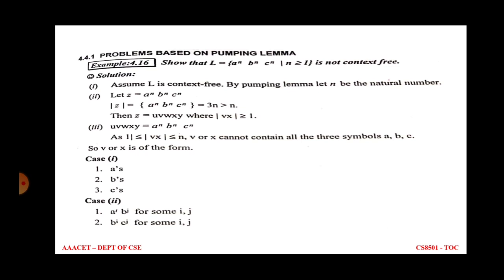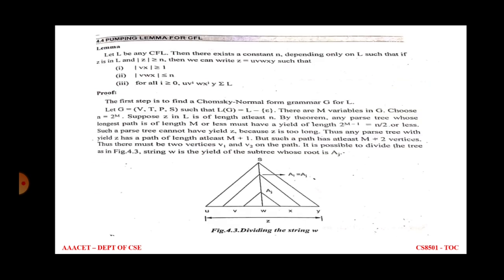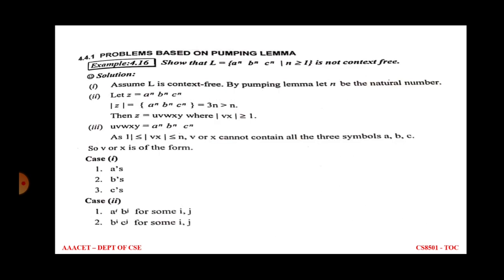Whenever the input string length is greater than the constant n, we can split the string into u, v, w, x, y. So we split a^n b^n c^n into u, v, w, x, y, so Z is equal to uvwxy, and the 3 properties of the pumping lemma should be satisfied.